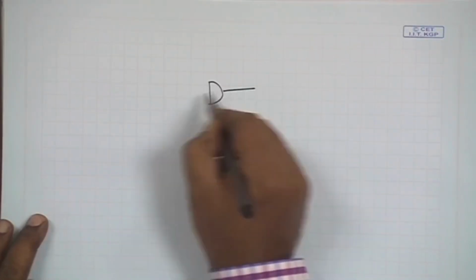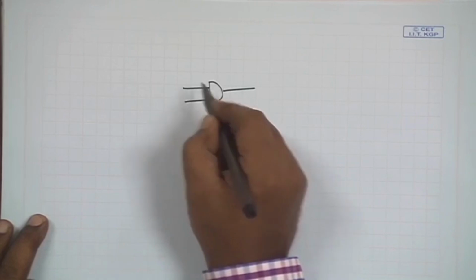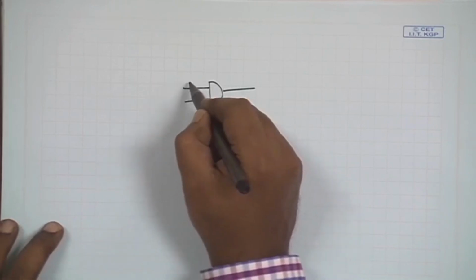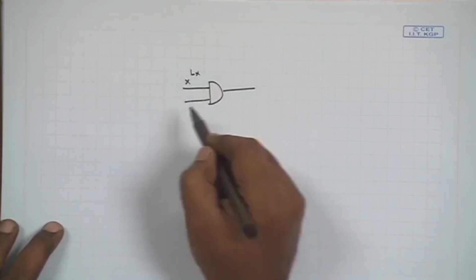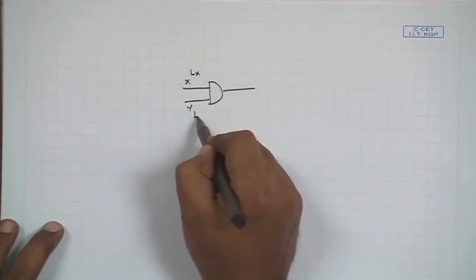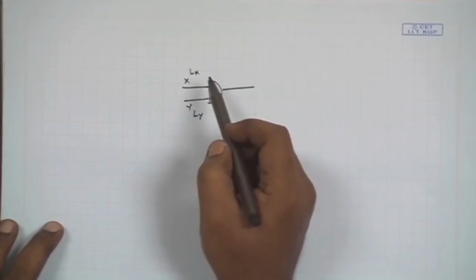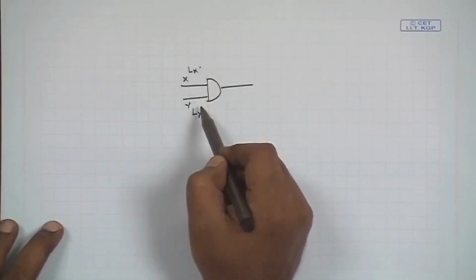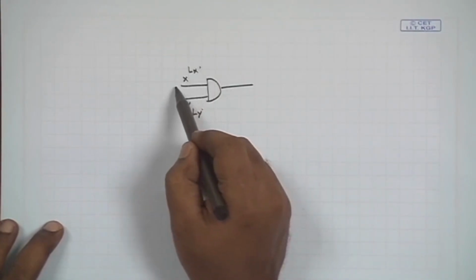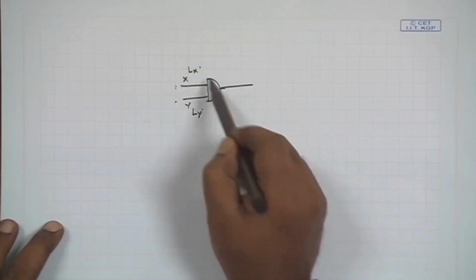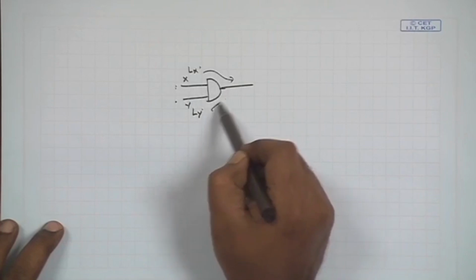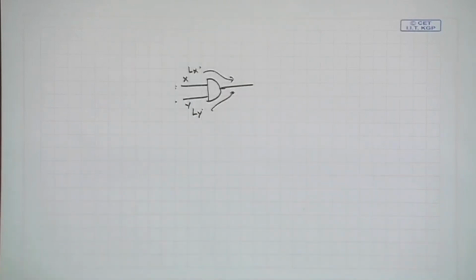In this AND gate, certain faults could be detected at line x, so we have Lx associated with it, and we have y with Ly. Now, depending upon these lists Lx and Ly and the values that we have here, it may so happen that some of these faults will propagate to the output.